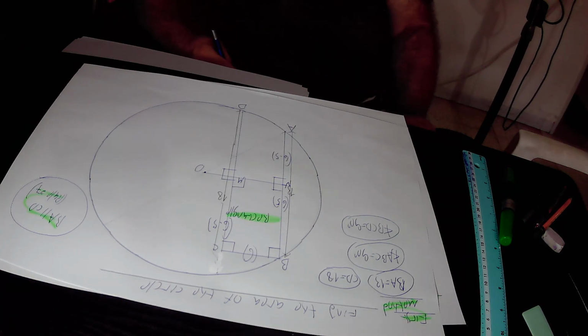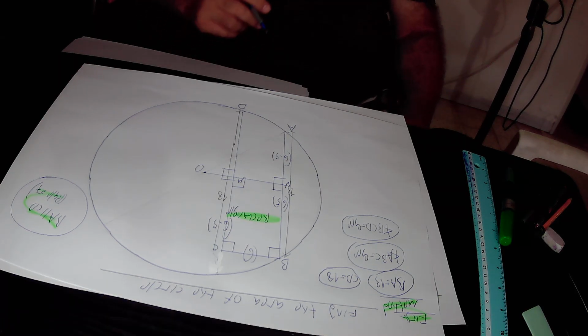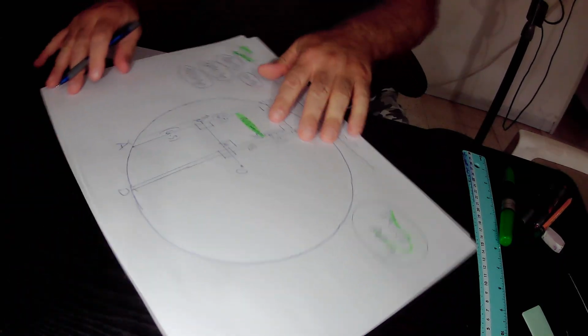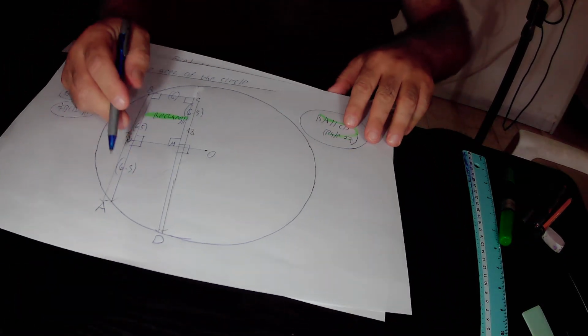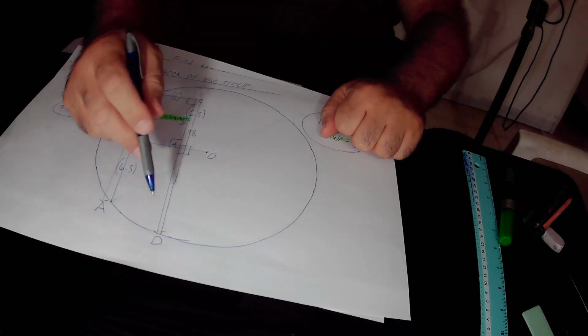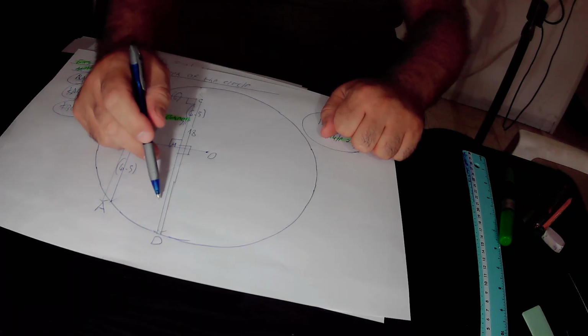In the next step, we do another construction. That is to say, from point A we go perpendicular on CD.